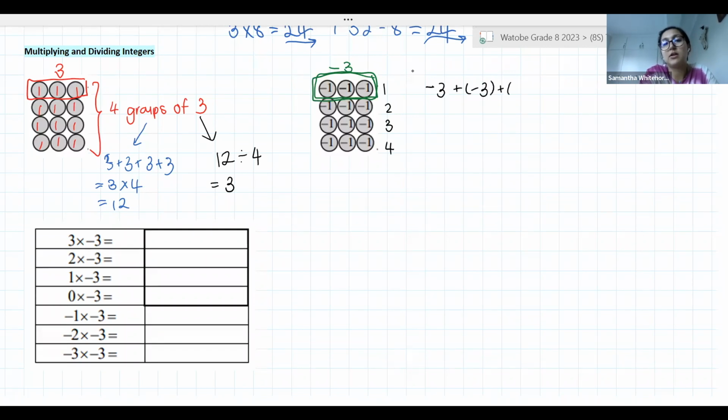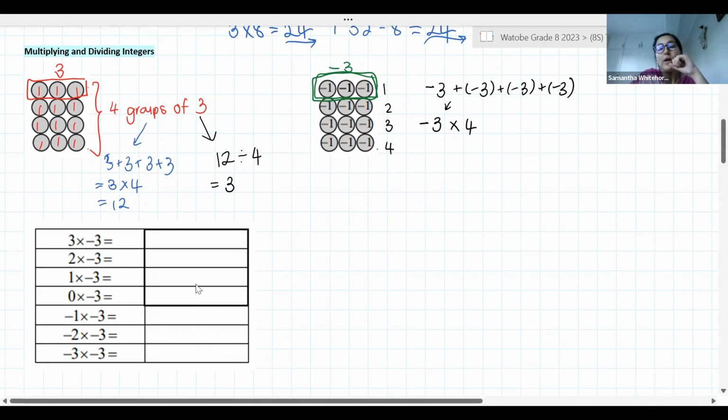Now again, this is quite time consuming to write out, and so this is where multiplication is our friend. What we are saying is negative 3 times 4, 4 groups of negative 3. And so what we're going to chat about today is how do we multiply and divide with positive and negative values, because there's some important things we need to be careful of.